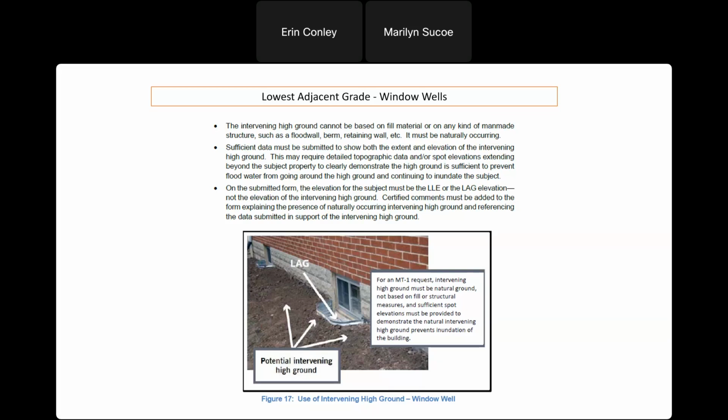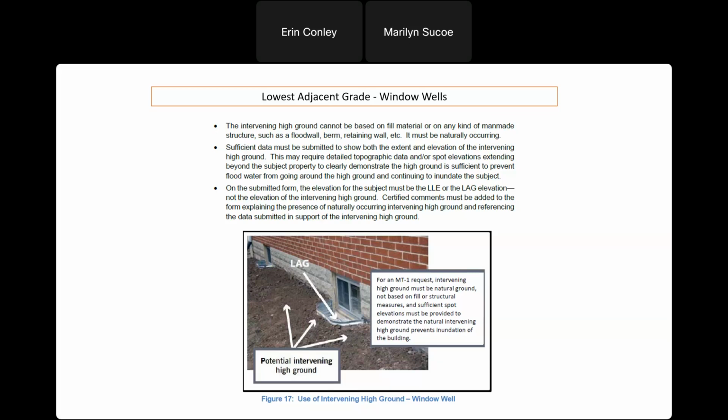If they are building into an area of fill, now we're getting into a letter of map revision based on fill. And so then you're going to need to meet Technical Bulletin 10 and address, did they have all the compaction they needed?